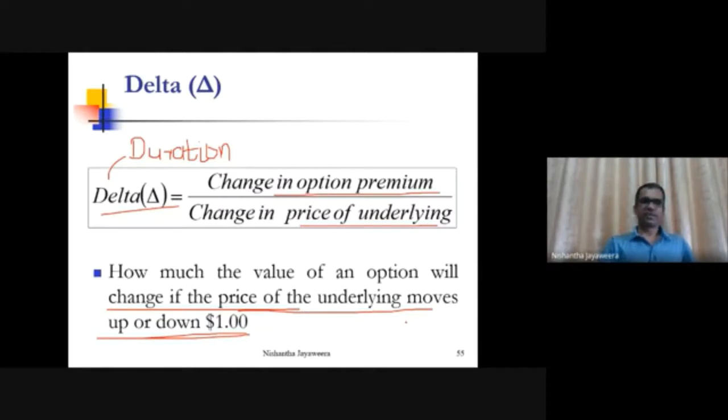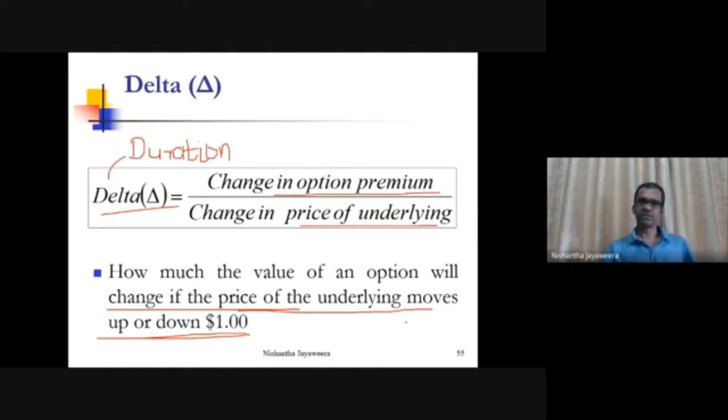So we'll take a break here. Then I'm going to switch to the other presentation, option 3, where we are going to discuss option strategies. I think it's better to discuss option strategies than the rest of this presentation.